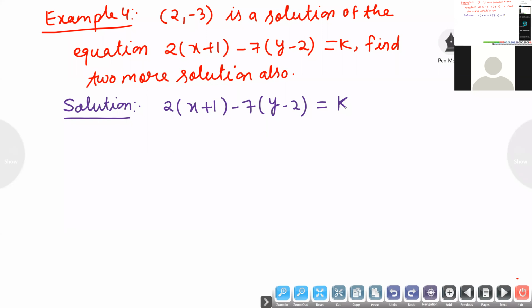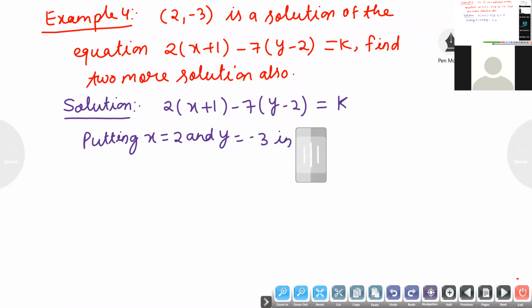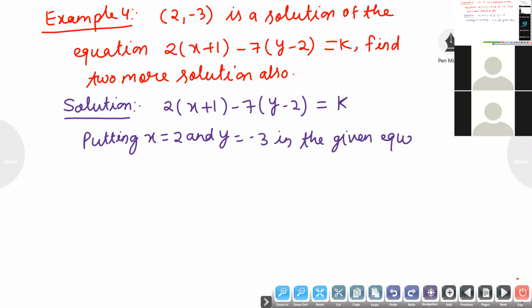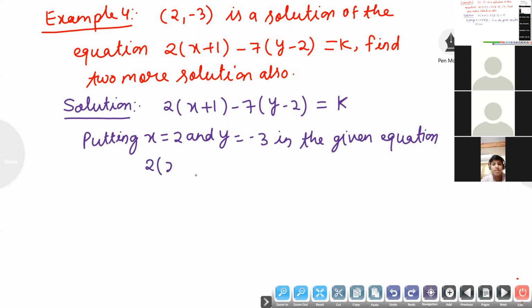Putting x is equal to 2 and y is equal to minus 3 in the given equation. Now in the place of x, I will substitute 2. 2 bracket 2 plus 1 minus 7 bracket minus 3 minus 2 is equal to k. 2 plus 1 is 3, 2 into 3 is 6.